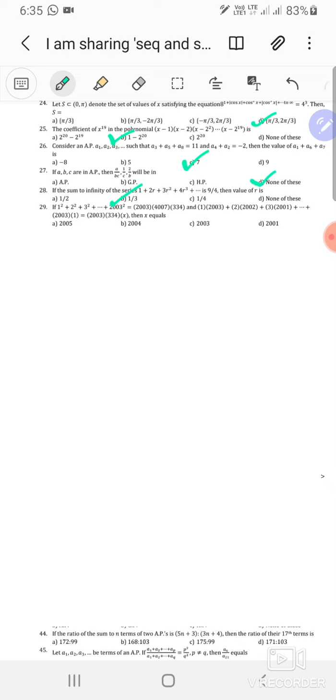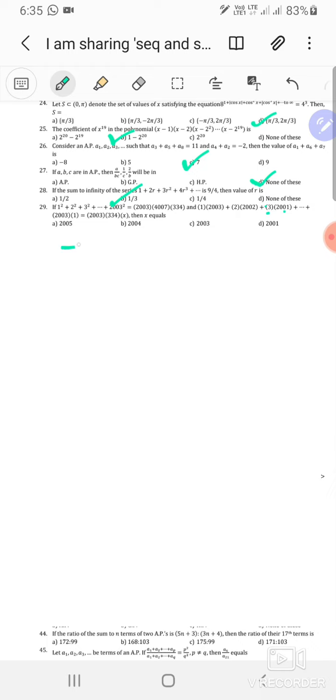Then x equals... oh, it's kind of a double summation question maybe. So 1 into 2003 plus 2 into 2002 plus 3 into 2001. Every time you go up on the left, you have to go down on the right, and it will keep on going to 2003 into 1.